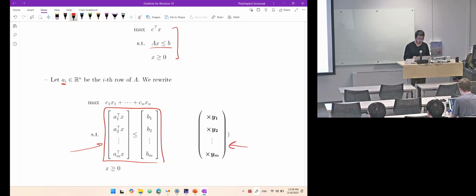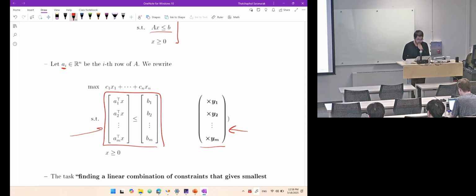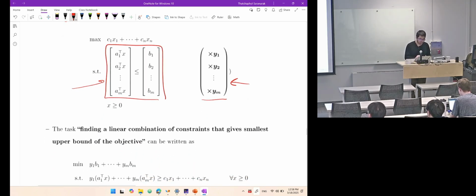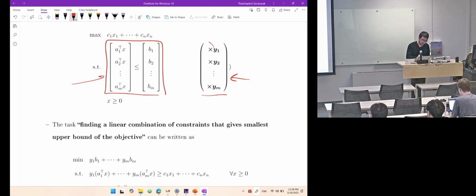So the way to do this is to multiply y to each constraint. We want to find the best linear combination. So we multiply y to each of these. What do we want to optimize? We want to minimize the best upper bound. So we want to minimize this thing.